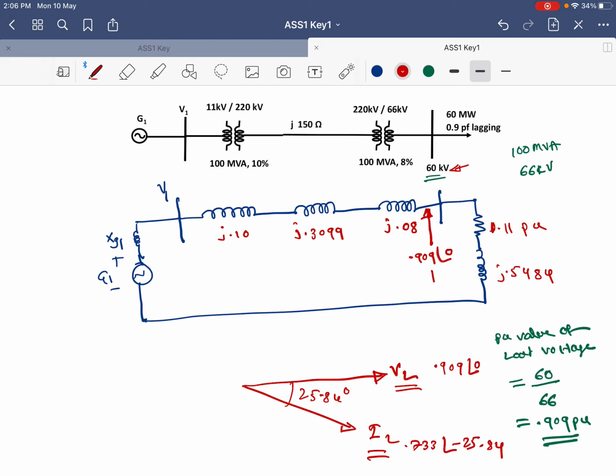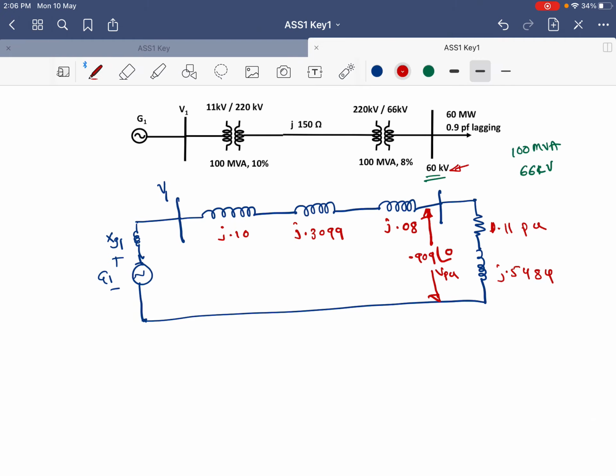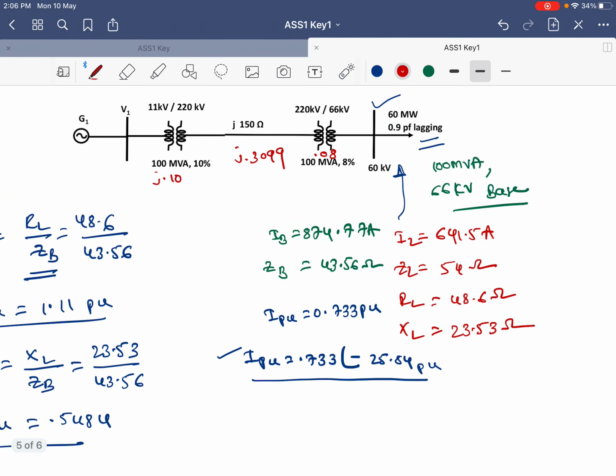This is your voltage, V per unit. And what is the load current here? You have to find I per unit, which was already calculated here.